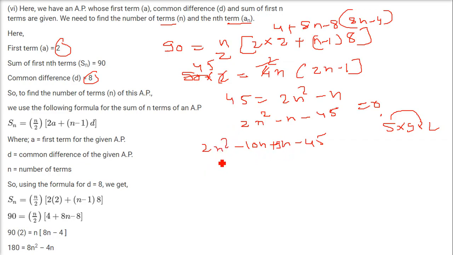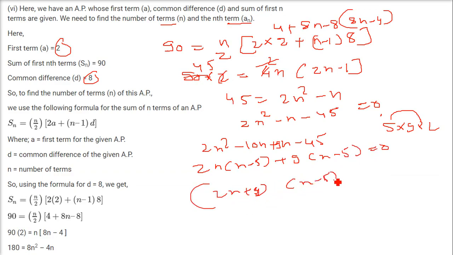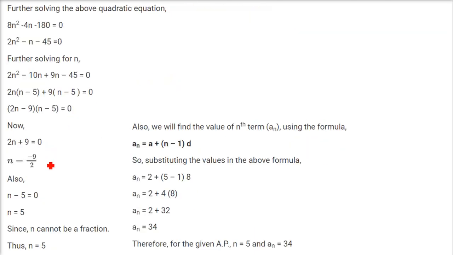So what you can do here is take 2n common, n minus 5, and here you can take 9, n minus 5 equal to 0. So 2n plus 9 is one factor, and n minus 5 is another factor. This will give you n equal to minus 9 by 2. We cannot take this because n has to be an integer and positive. So n equal to 5 is the result.